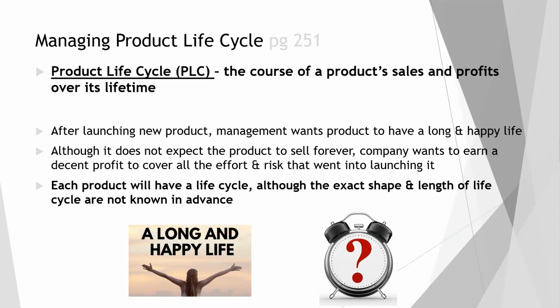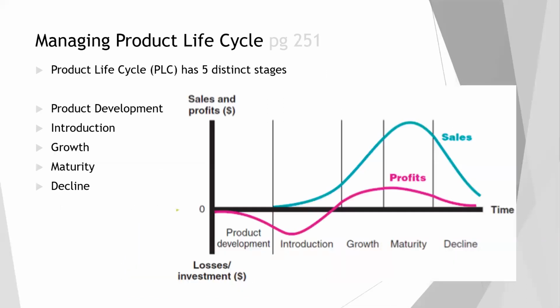Very similar to people. We don't know when we are born, we don't know what our life is going to look like. We don't know how long it's going to be, and it's going to vary wildly from person to person. The same thing goes with a product life cycle, a PLC.